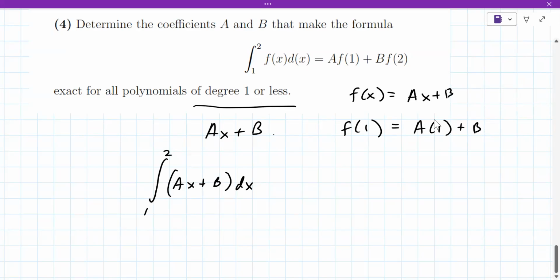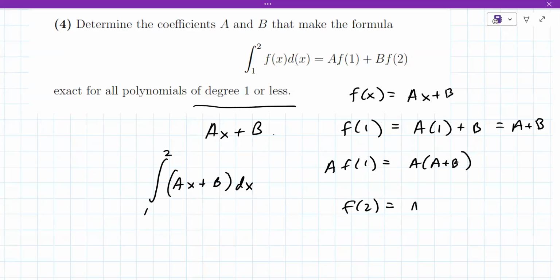For degree 2, it's AX squared plus BX plus C. And so that's just A plus B. But then there's this A out in front. I don't know why she's doing that, but A f of 1 is A times A plus B. And then f of 2 is A times 2 plus B, 2A plus B. B times f of 2 is B times 2A plus B.